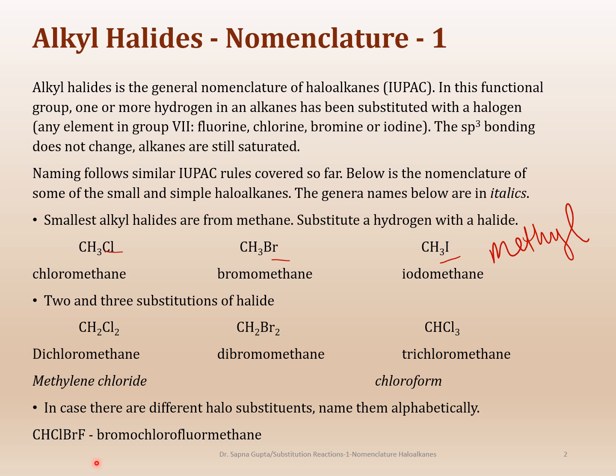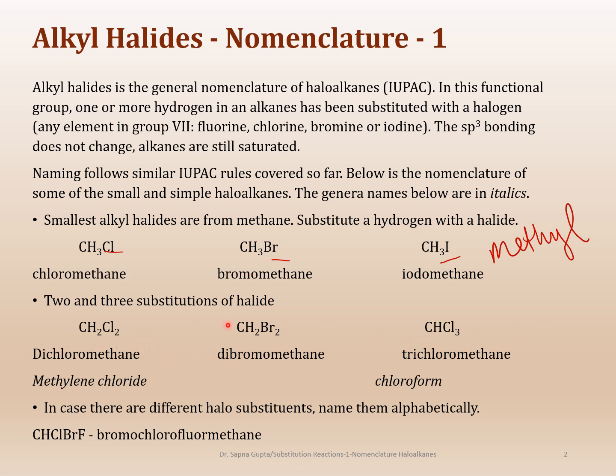Okay. Now for this one, if you have more than one halide in there, then you have to, of course, tell that you have two. So which means the first one here, dichloromethane. Okay, because you have two chlorines in there. The methane tells you still have only one carbon. Okay, dibromomethane. Now, if you had three chlorines, it would be trichloromethane. All right, so, you know, simple enough.